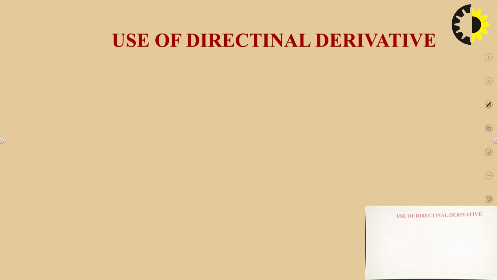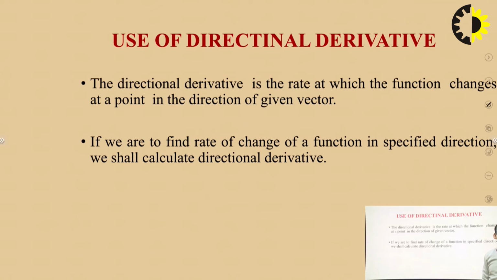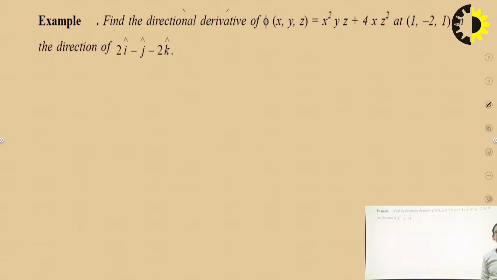Now, use of the directional derivative. The directional derivative is the rate at which the function changes at a point in the direction of a given vector. If we are to find the rate of change of the given function in a specified direction, we shall calculate the directional derivative. Then, this is the example to understand how we can calculate the directional derivative.